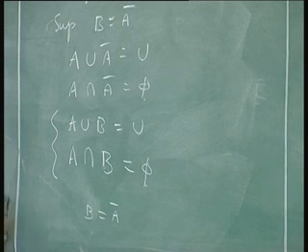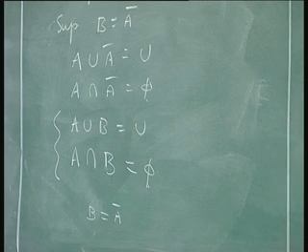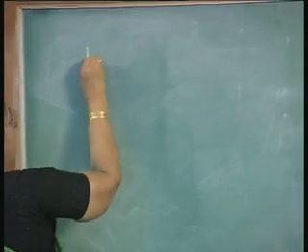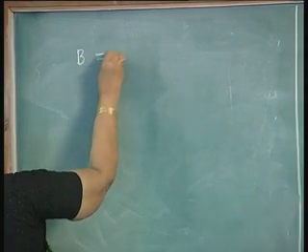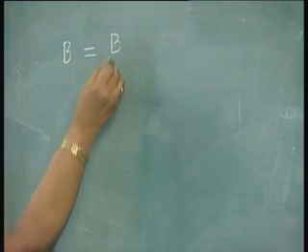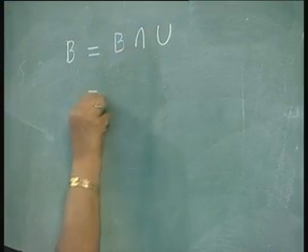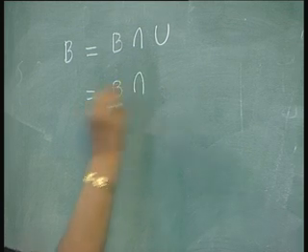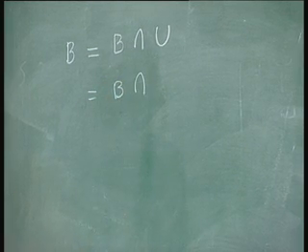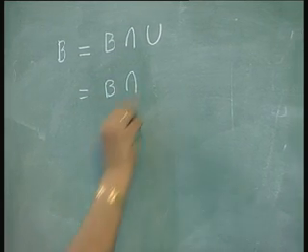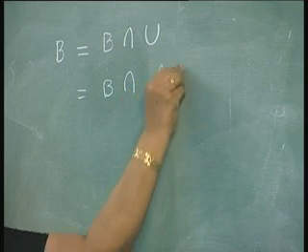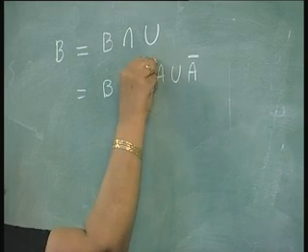Let us see how we can prove that. Now, B you can write as B intersection U. And what is U? U is A union A bar.